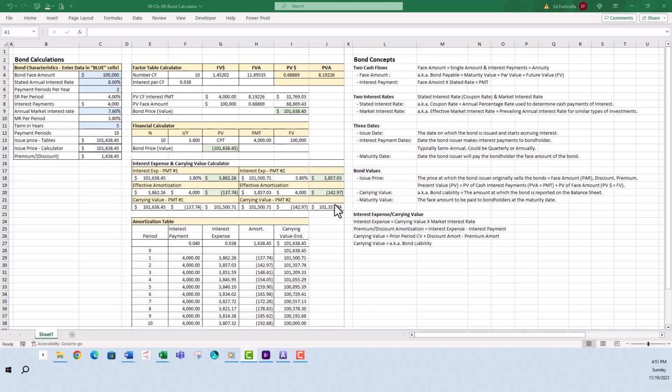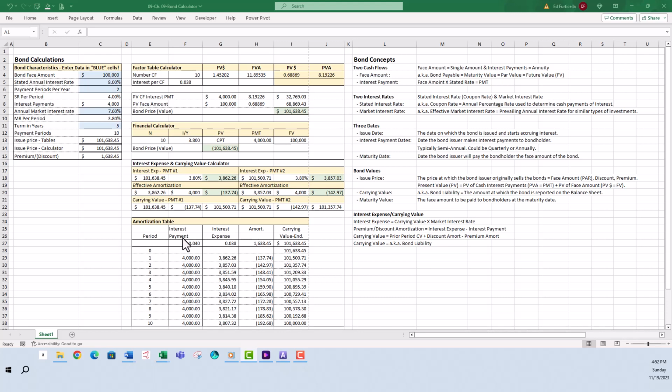This is the amount that we are carrying on our general ledger and the amount presented on the company's balance sheet. The amortization table provides a summary of all cash interest payments, interest expense, and changes in carrying value for the bond over its life.